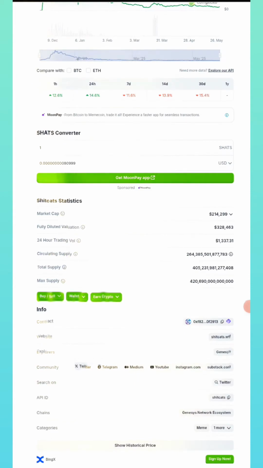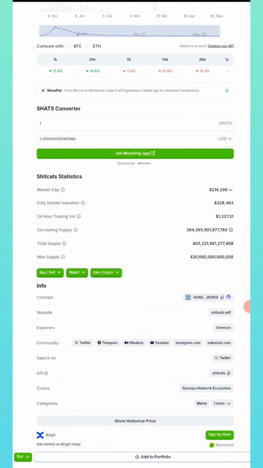So it's about $1,000, let me say $8,333.33. You can see the circulating supply of the coin is about 264 trillion.